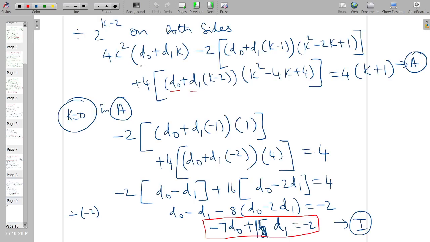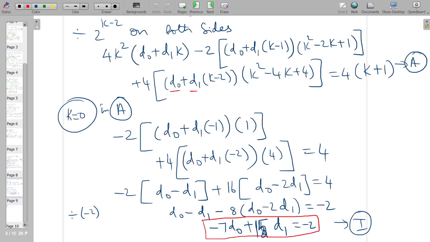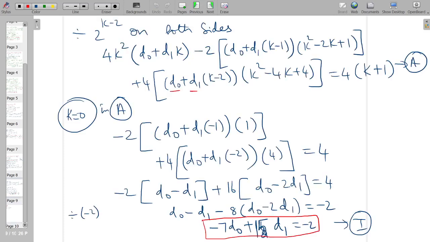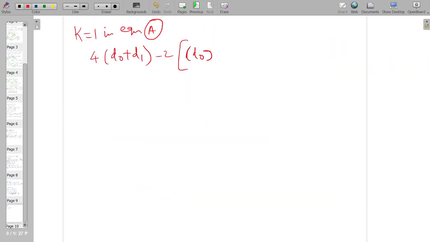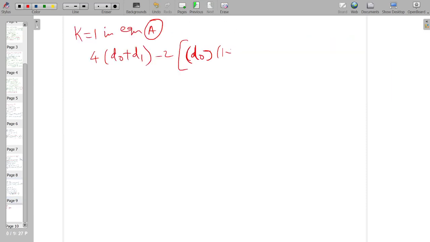When I do it, I will have 4 into d0 plus d1. Now what about this? Minus 2 into d0. With k is equal to 1, d1 will become 0. So I will have 2 times d naught into 1 plus 1 minus 2 into 1 minus 2 plus 1.